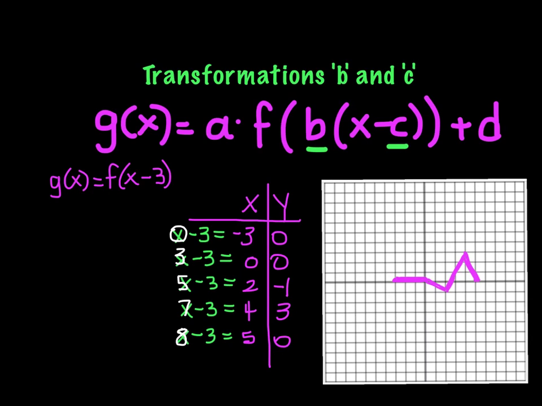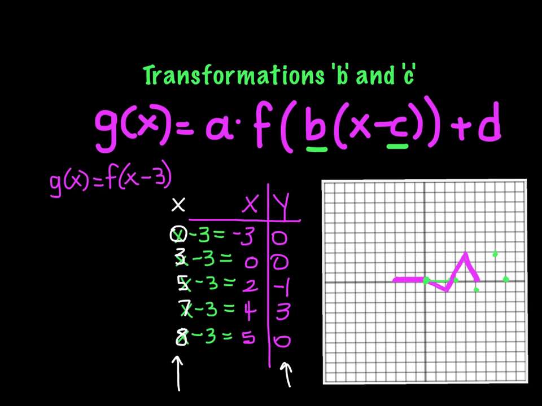And if I now plot this column with this column, so this is my new X, I will get the following. I get 0, 0, 3, 0, 5, 3, 7, 3, and 8, 0.